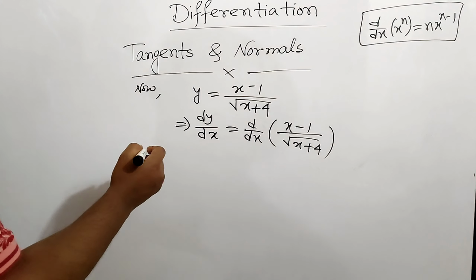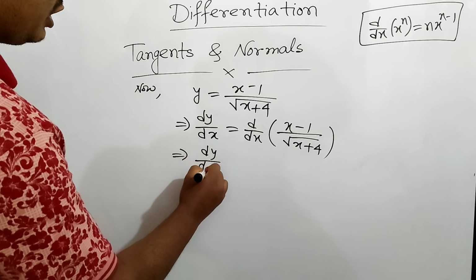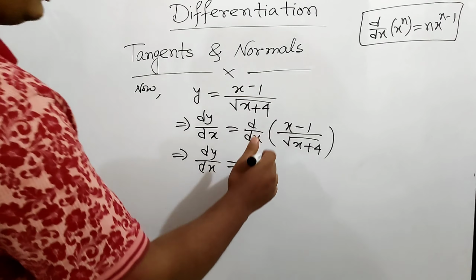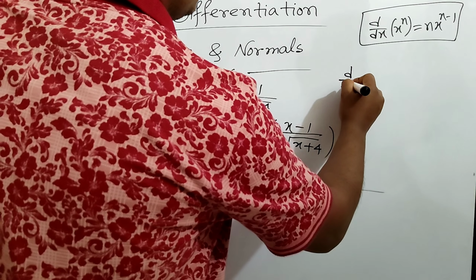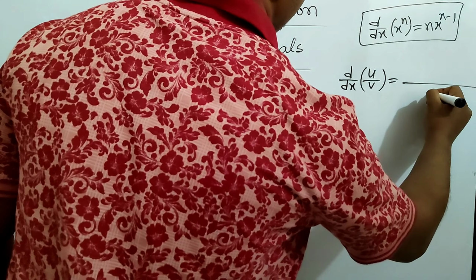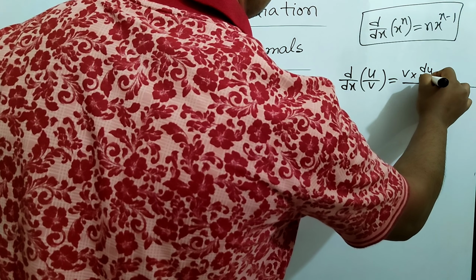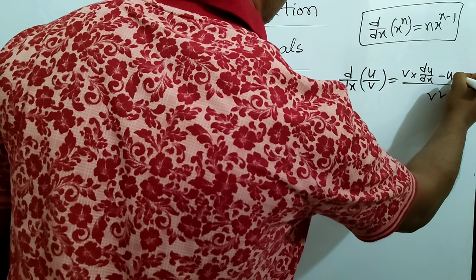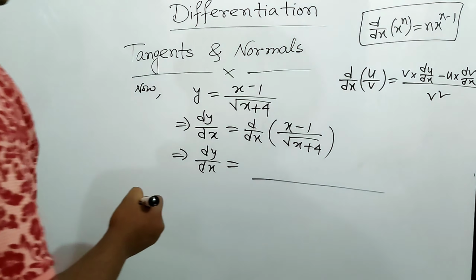Now dy over dx. If you do the differentiation, what is the rule of this division rule? For u over v, it is v squared in the denominator, and the numerator is v multiplied by du/dx minus u multiplied by dv/dx. This is the formula.